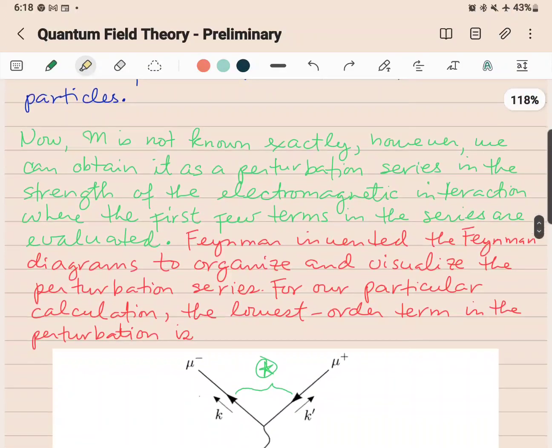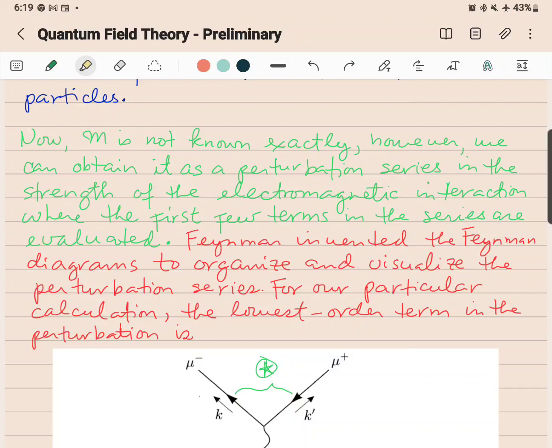Now, M is not known exactly. However, we can obtain it as a perturbation series in the strength of the electromagnetic interaction, where the first few terms in the series are evaluated. So this process will be dealt with later. We will do an example for this.